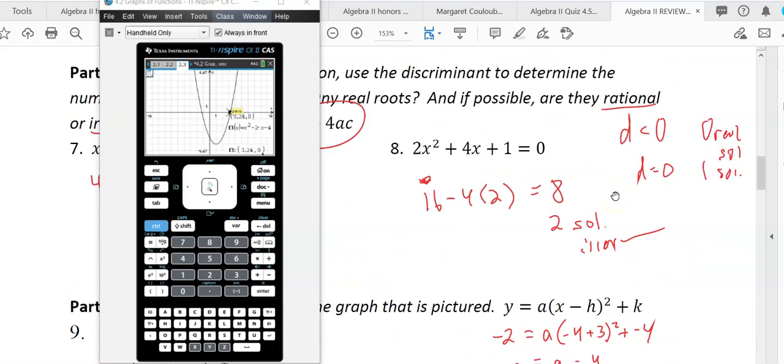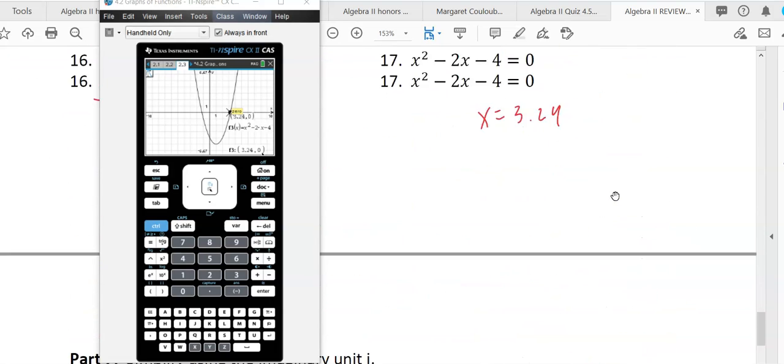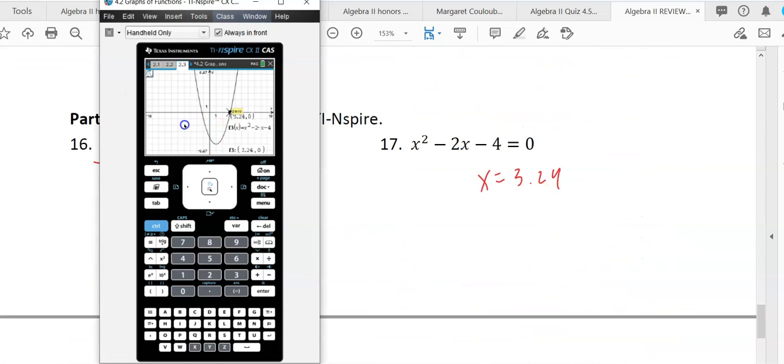Whoops, keep doing that. Gotta go back to the calculator, controlling the PDF here for a second. So on the calculator screen, if I cursor left, negative 1.24, x equals negative 1.24 actually.